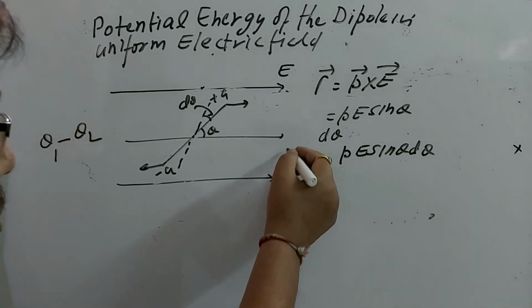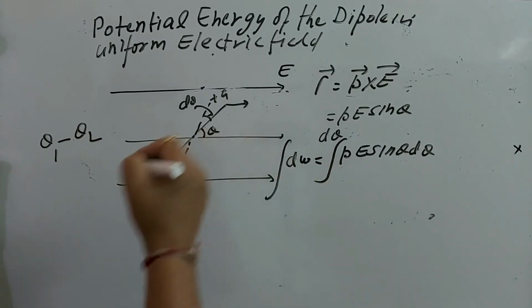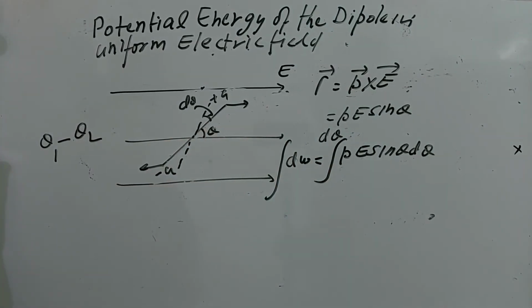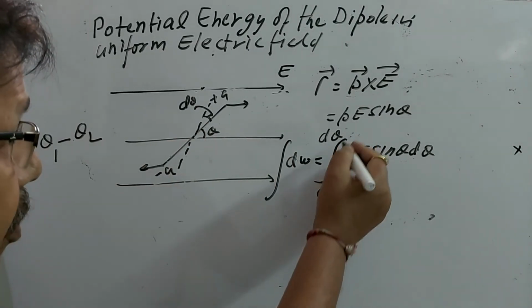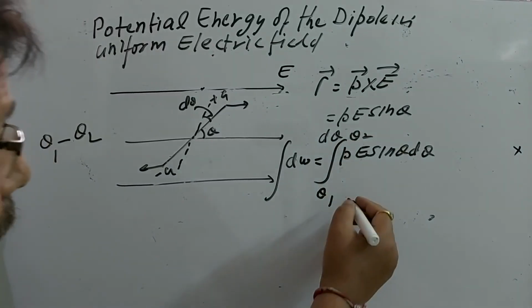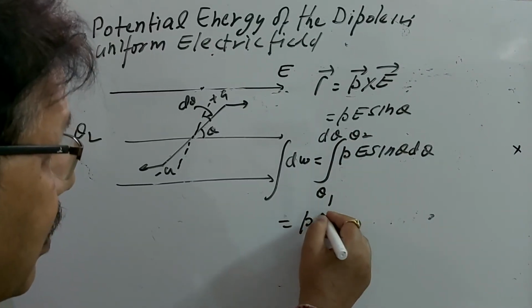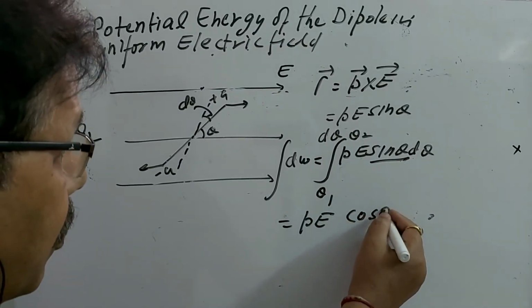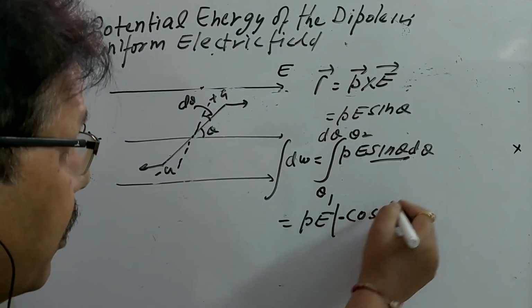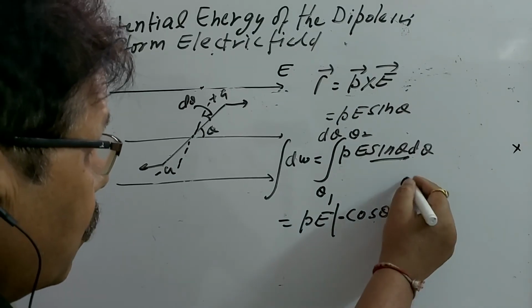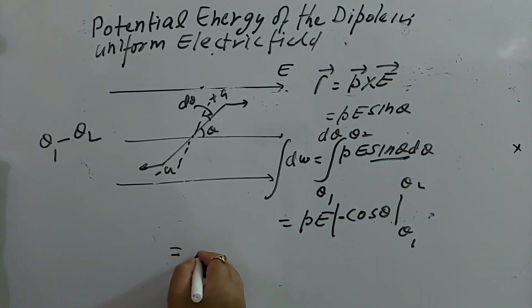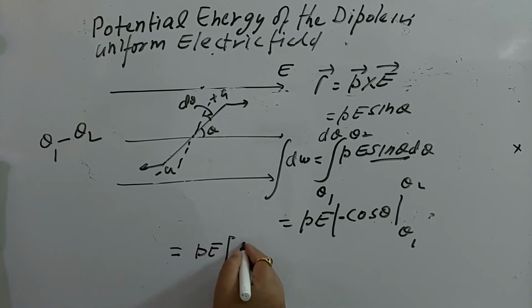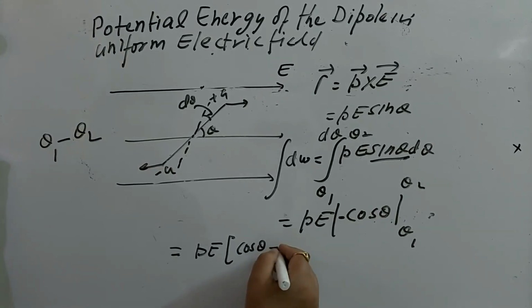So total work done in this process, simply you integrate this expression from theta 1 to theta 2, and this is equal to PE, and this is now minus cos theta from theta 1 to theta 2. Now putting these values, this will be equal to PE, and this is cos theta 1 minus cos theta 2.